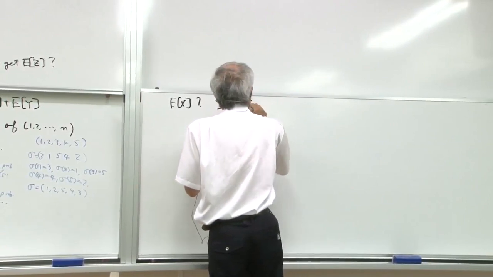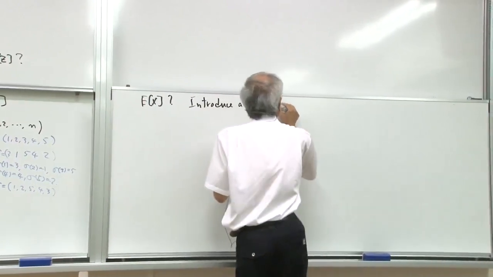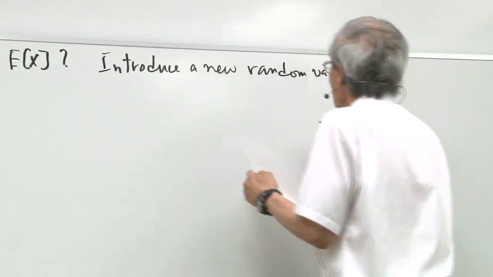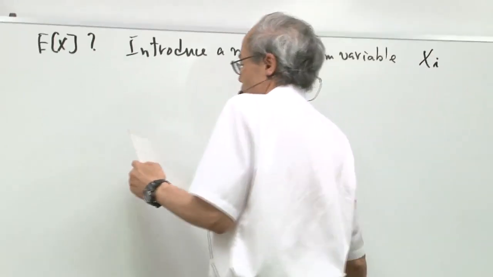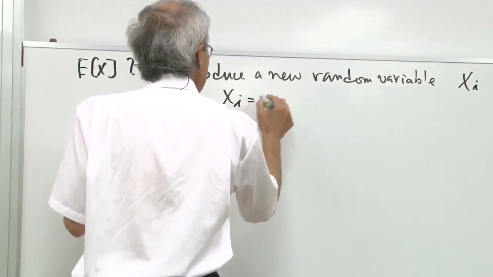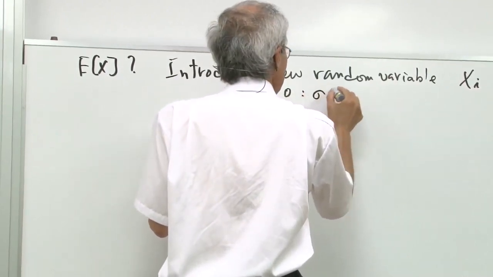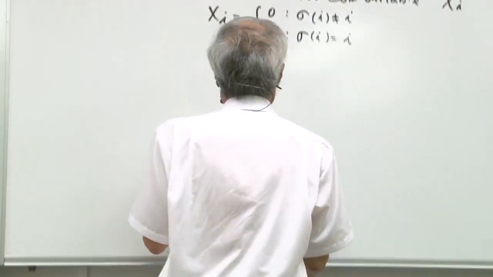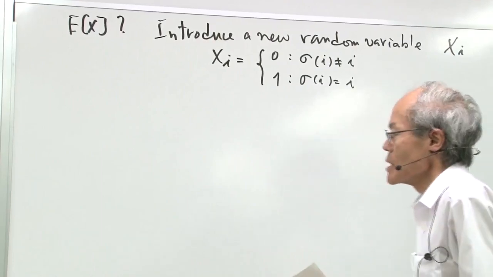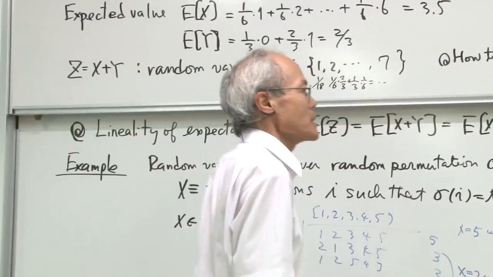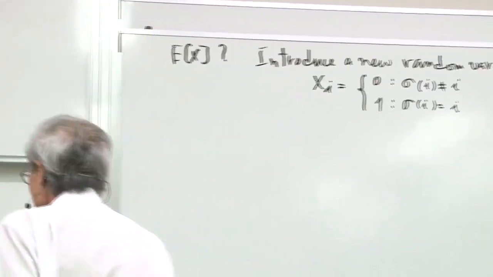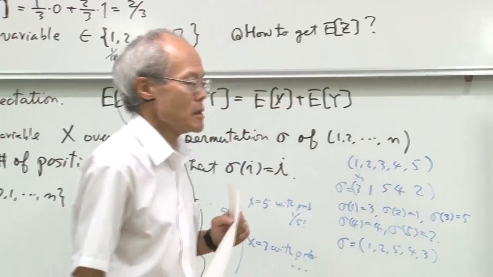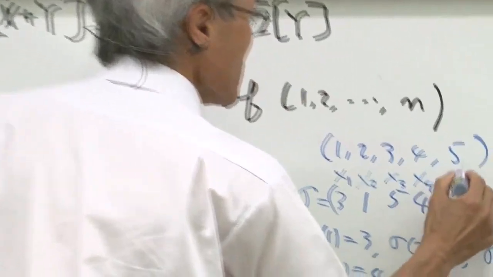We introduce new variables, x sub i. Here, x sub 1, x sub 2, x sub 3, x sub 4, x sub 5.